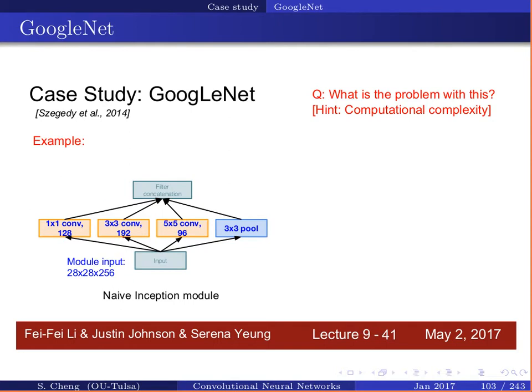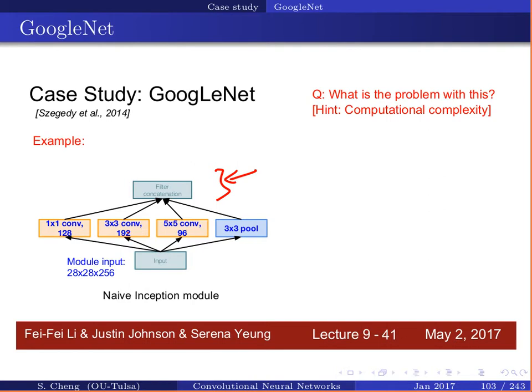Given the setting here, what's the depth of the output? Can you count the depth of the output here? So we have 128 from here, right?